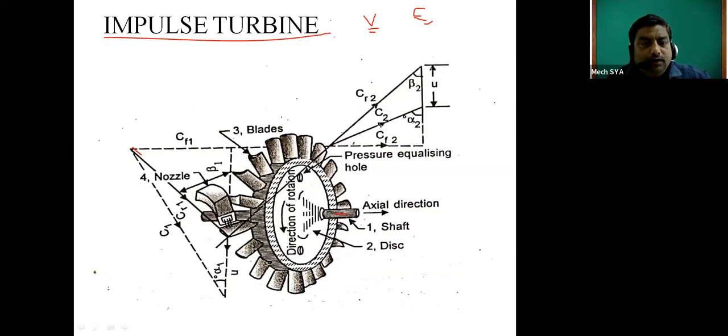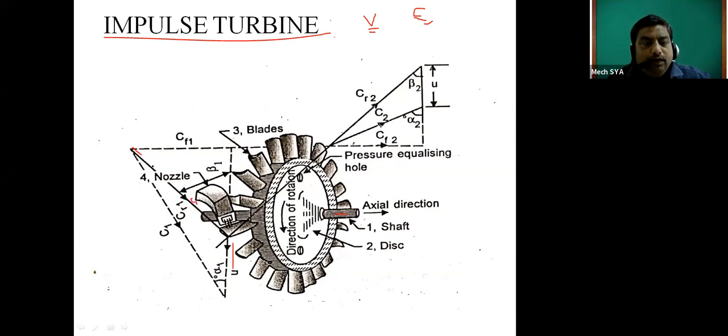So this is C1, and the blade will move with velocity U. So the blade will move in this direction, the direction of rotation, and steam will come in this direction. So here it is going to be C1.